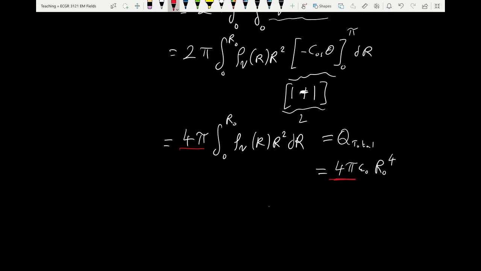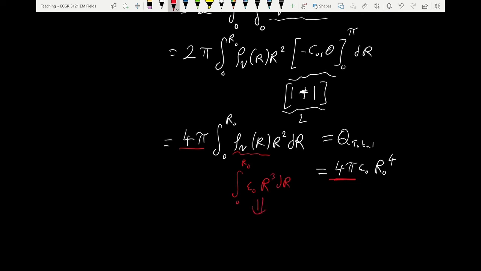Now we want to figure out what rho v could be, such that when we integrate it, we end up with r naught to the power 4. What if we integrate from 0 to r naught epsilon naught r to the power 3 dr?